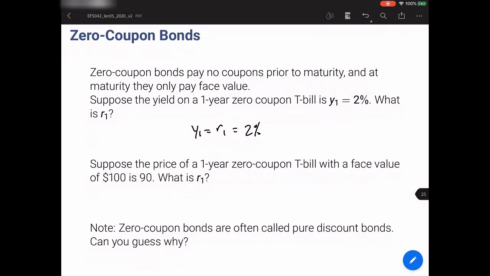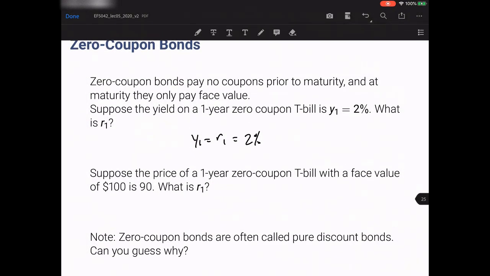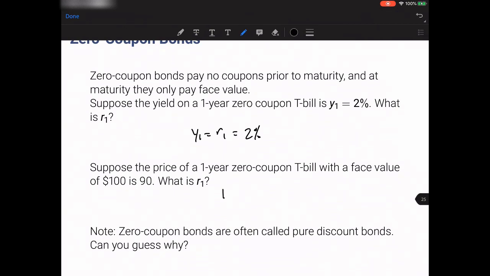Suppose the price of a 1 year zero coupon T-bill with a face value of $100 is 90. What is R1? That's quite simple too. Again, we have no coupon payments, so it's just one final bullet payment of $100, discounted at R1, and we know the price, which is 90.